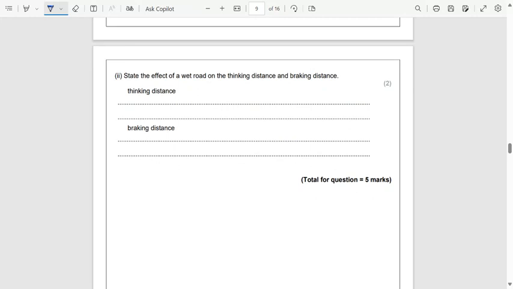State the effect of a wet road on the thinking distance and braking distance. Well, thinking distance is all about the driver reacting, and the braking distance is about the slowing down. So the wet road won't actually affect the driver's ability to react. Okay, so there is no effect.